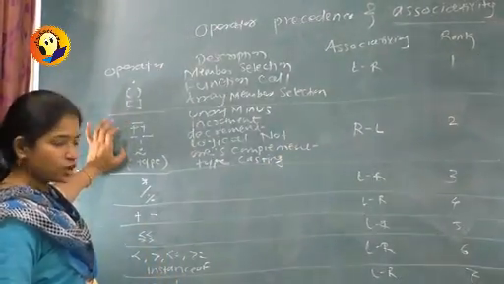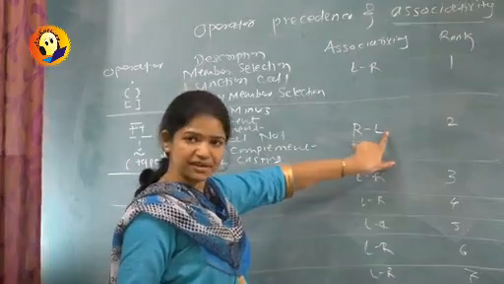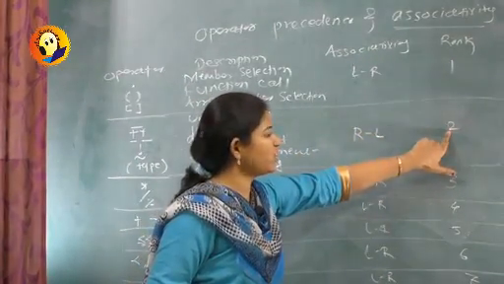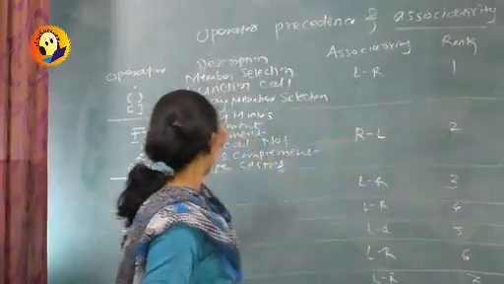Associativity for these particular operators is from right to left and ranking given, that is priority for these particular operators, is 2.